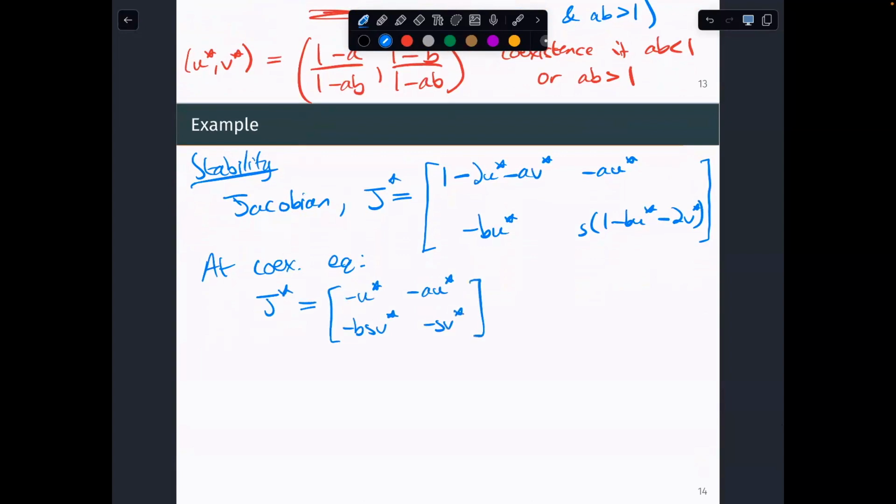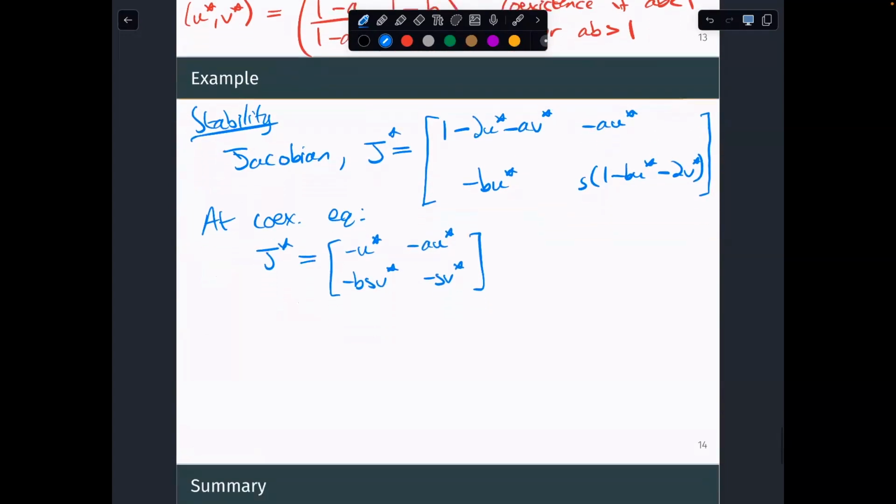I've actually not fully substituted them in here just for brevity, but this is what you should end up with. You can leave things in terms of the U stars and V stars here. And remember, because we're talking about this coexistence equilibrium, we're assuming that U star and V star are non-zero by definition.